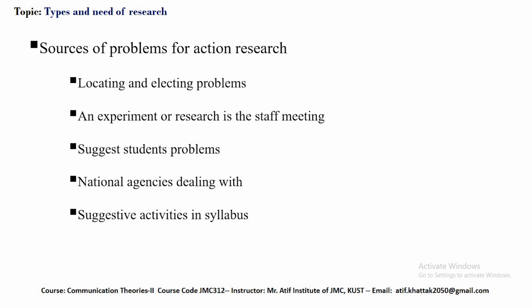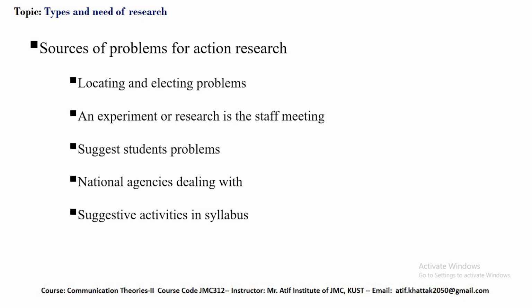The second source for identifying problems for an experiment or research is the staff meeting of the school. The third source is the chairman of the department or regional director, who can suggest to students problems for enhancing classroom efficiency. The institution's library seems to be an important source for locating problems for research.